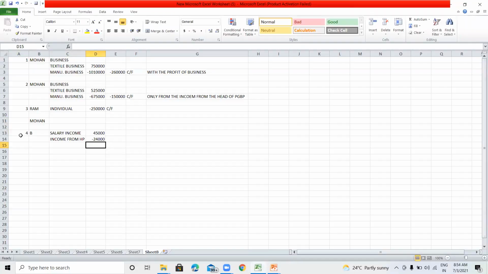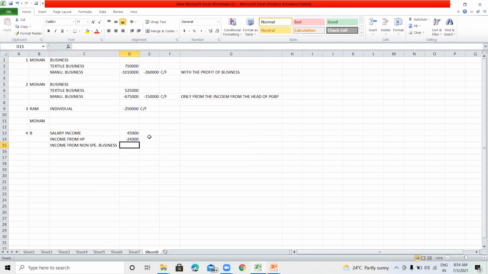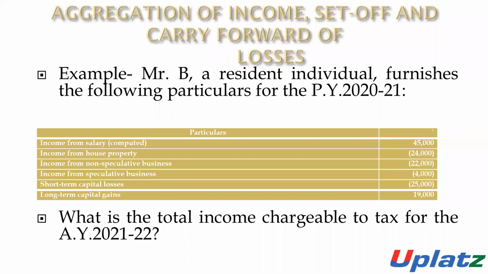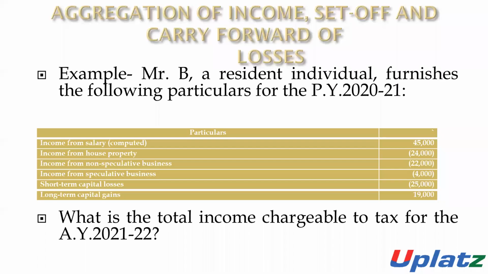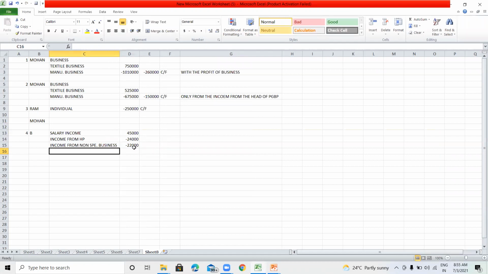And there is income from business. Income from non-speculative business, that is, income from business other than speculative business, is minus 22,000, which means a loss. Income from speculative business is minus 4,000 rupees, which means a loss.